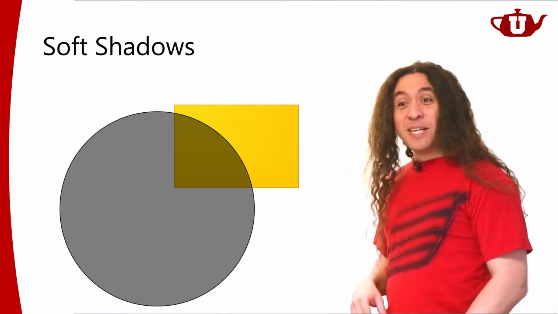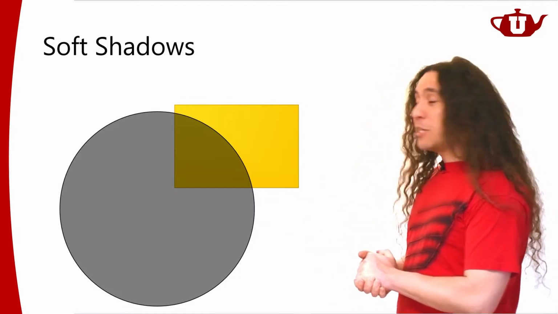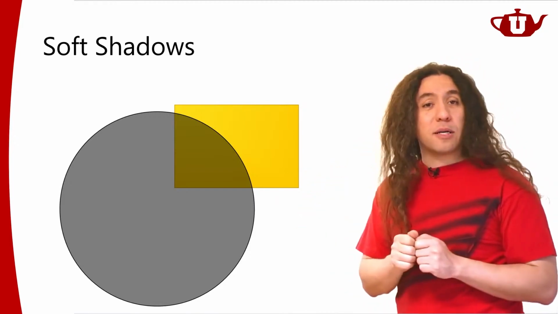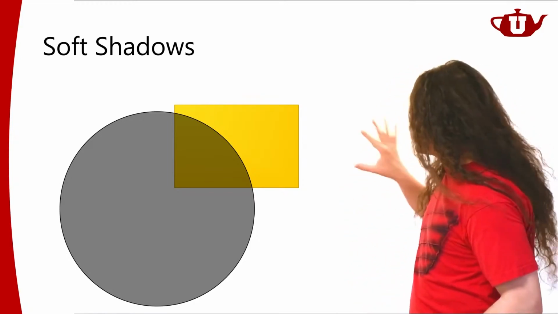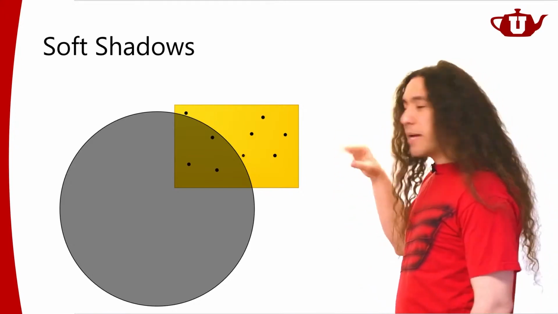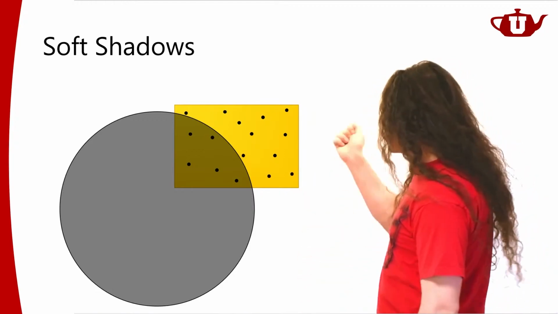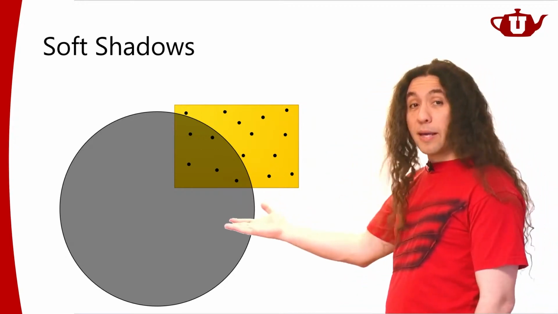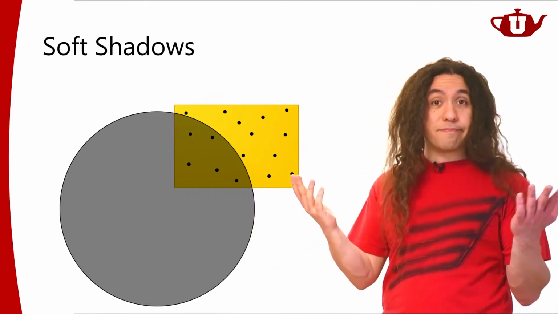Right? It really is. So in this case, the way that we're going to handle this is that we're just going to send rays to this light source. From the point that we're shading, I'm just going to send rays. And from this view, these rays will look like points. So I'm going to pick some random points on this light source, and I'm going to send shadow rays to those points. And if those shadow rays hit something like this sphere before they reach the light source, I'm going to say they're blocked.